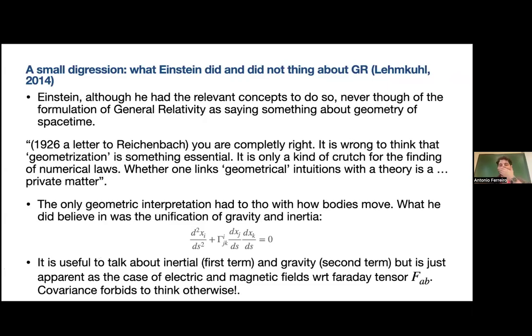So before I continue, just a small parenthesis. As I said at the beginning, I think it's a misconception, and this was stressed by Dennis Lehmkuhl in 2014. And I think it's really nice to read it, because usually when we are taught general relativity in school, it's always one kind of typical formulation, this very geometrical formulation.